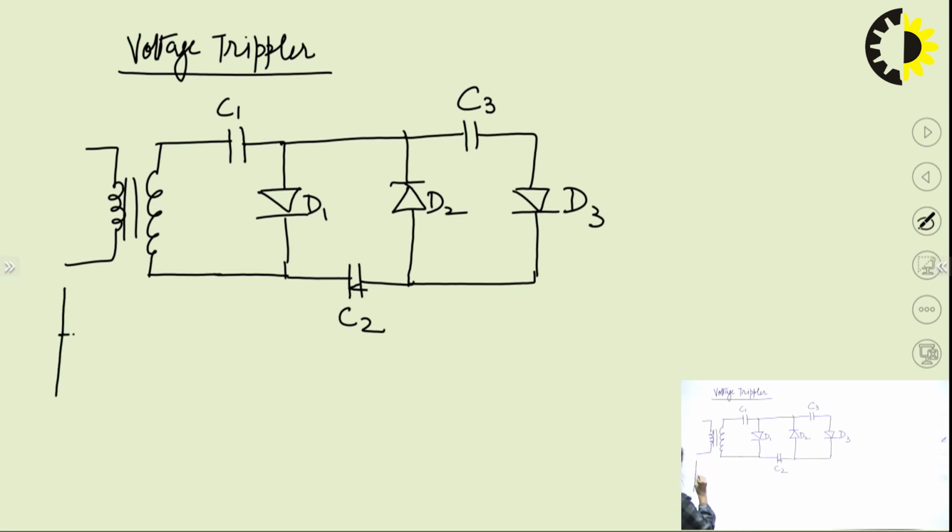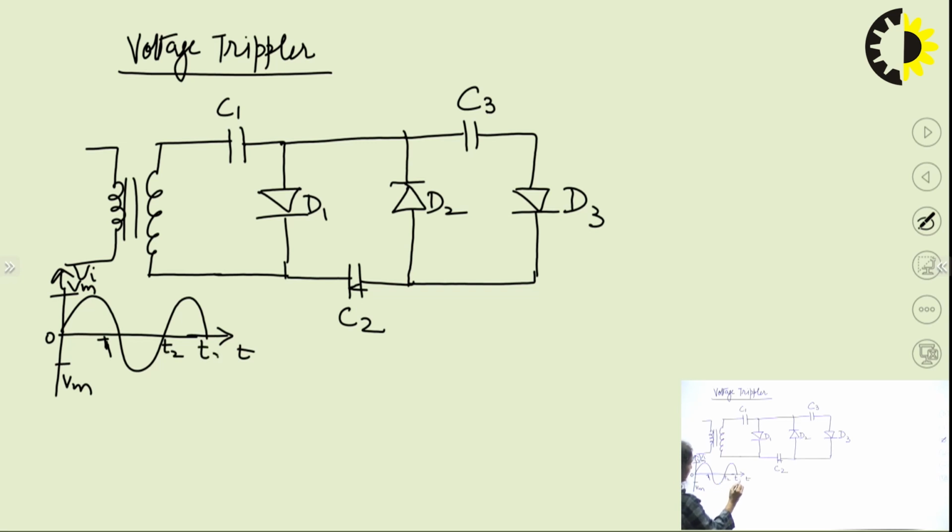The input signal which is appearing, now during the time period 0 to T1.